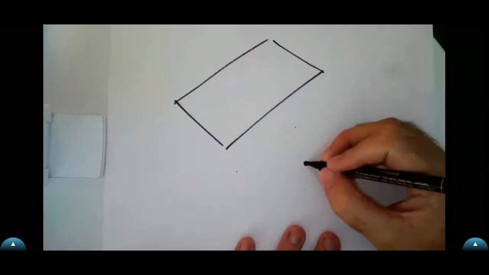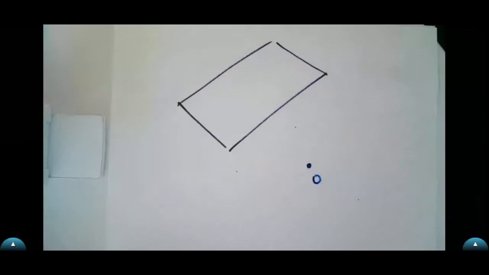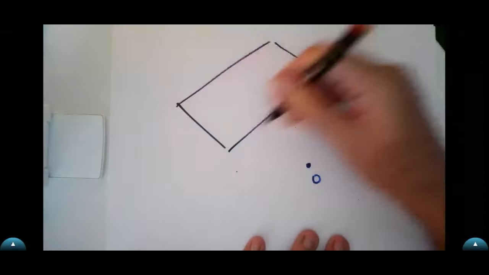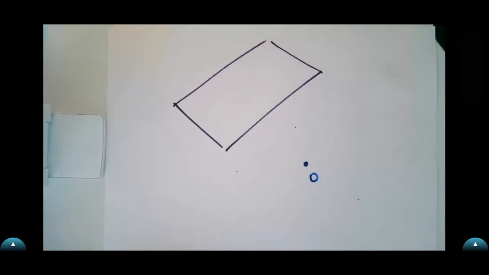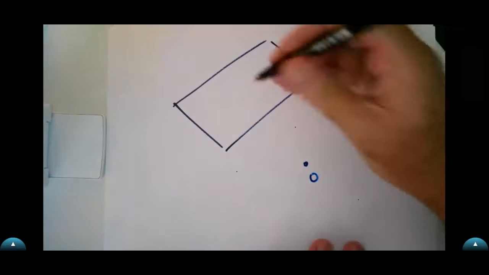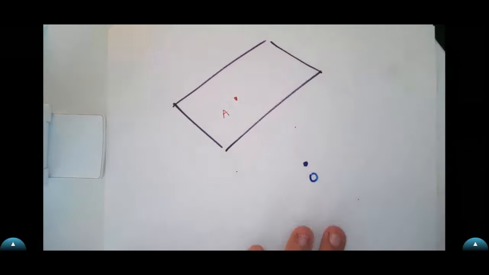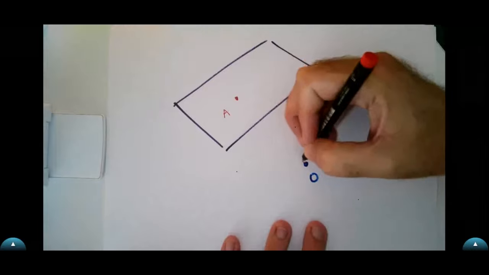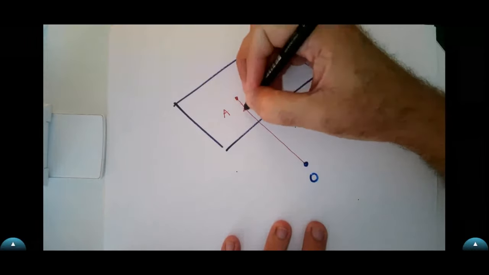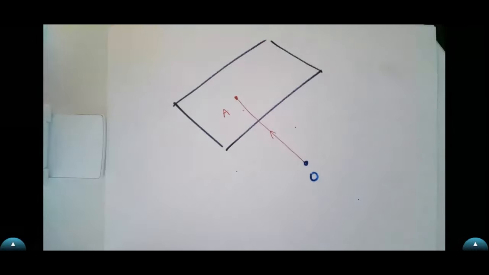All right, so here's the origin. Now I want to get from the origin to any point on that plane. So if I know a point on that plane, A, then the vector OA gets me onto the plane, right?